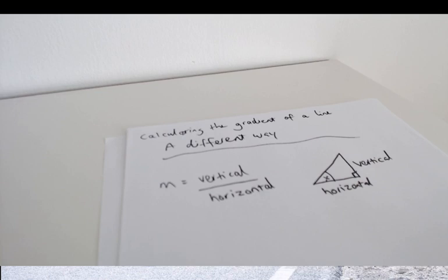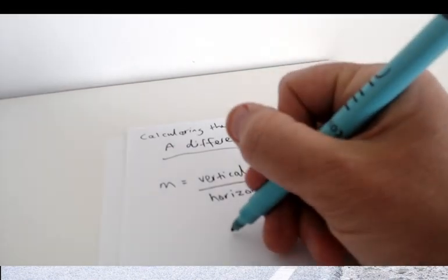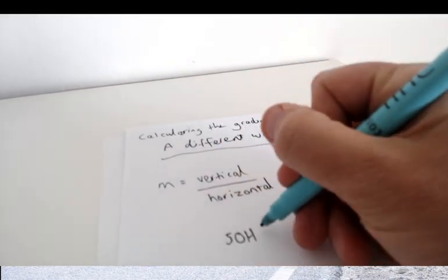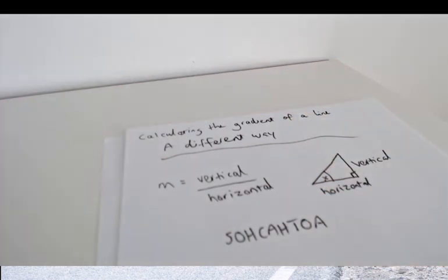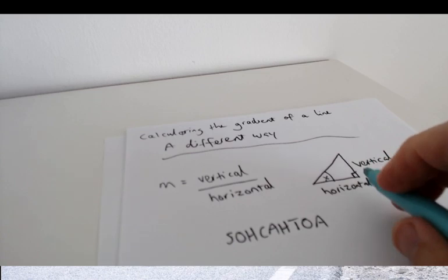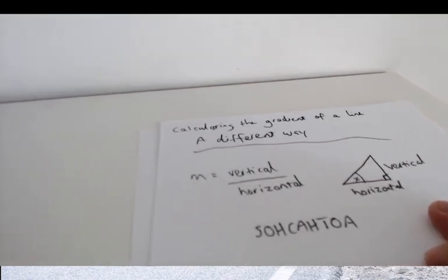Anyone? Does anybody know what other area of maths we use this in? How about if I write this down? Oh yes, good old SOHCAHTOA. Trigonometry. This is when, in National 5, you would also have divided this side by this side, but it wouldn't have been called vertical and horizontal.